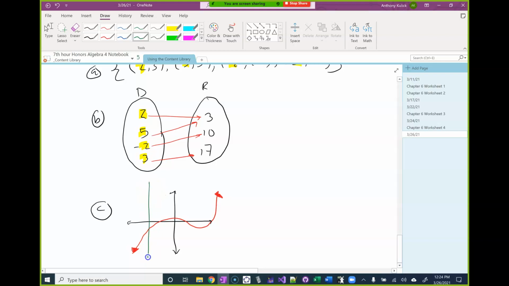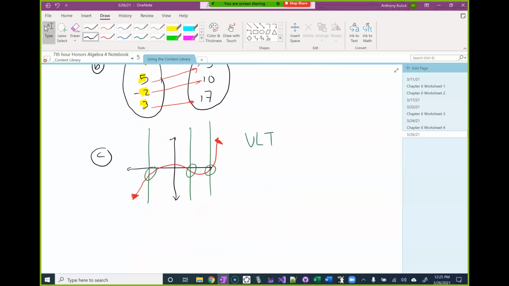And I know that because any vertical line I draw would only intersect the graph in one location. We called that the vertical line test. You guys remember that? If I do anything that you're not remembering, holler at me and we can talk some more about it.